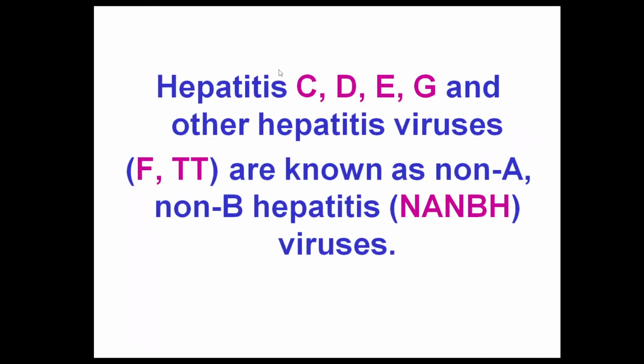Hepatitis A and B were the first hepatitis viruses to appear, and traditionally the rest of the hepatitis viruses like C, D, E, G are well known as non-A, non-B hepatitis viruses. You can still find this abbreviation somewhere in the book.